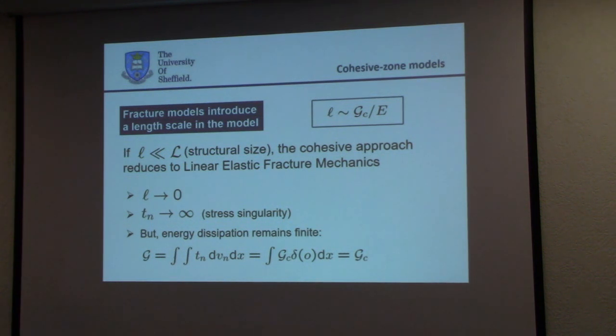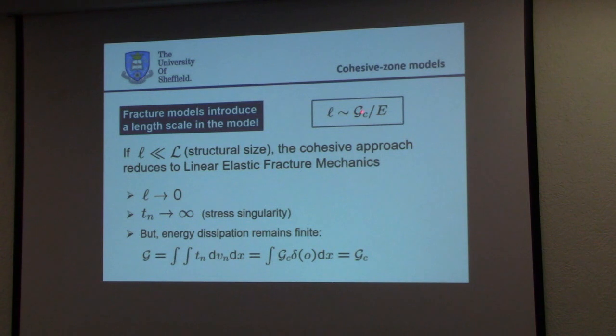Fracture mechanics is different there, because in all fracture models, be it linear elastic fracture mechanics or cohesive zone models, you always introduce fracture toughness as an independent parameter. Now when you divide the fracture toughness by the Young's modulus of the material, you have something proportional to length.